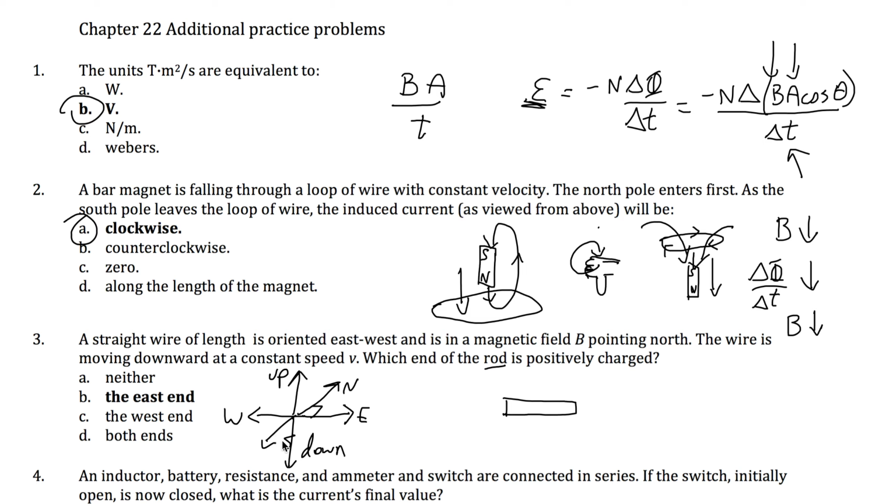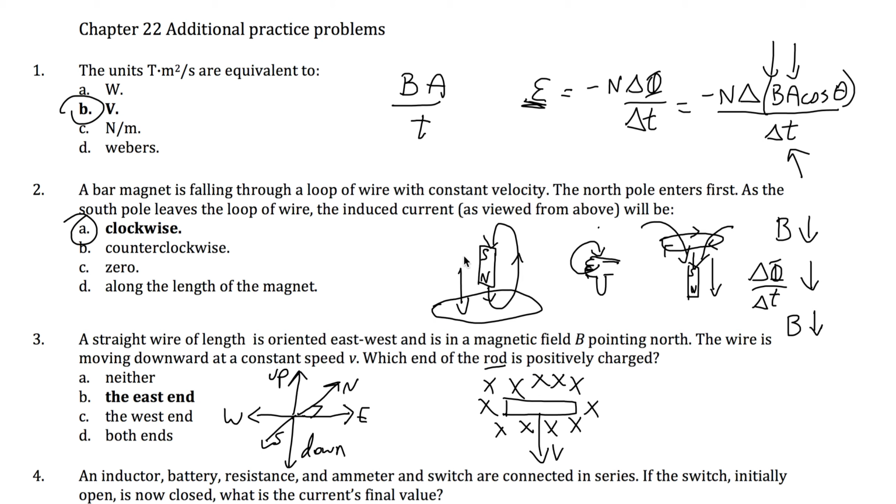But most people think that north is up. So if you have this visualized, this becomes more clear: the wire is east and west, the field is pointing north, so according to our picture, that means the field is going into the page everywhere here. And the wire is moving downward, so this V is down.